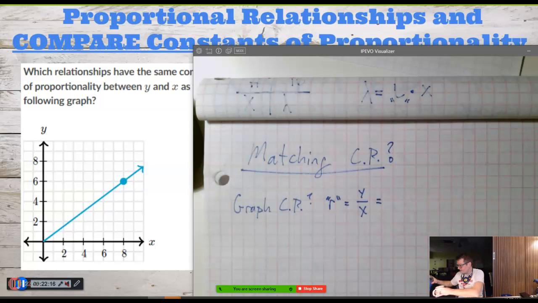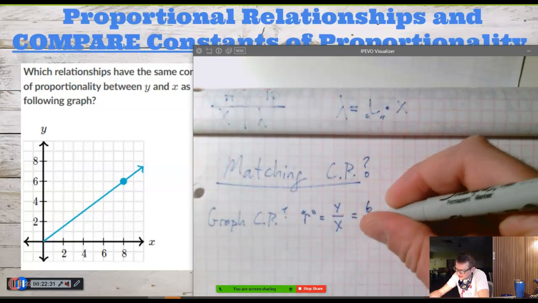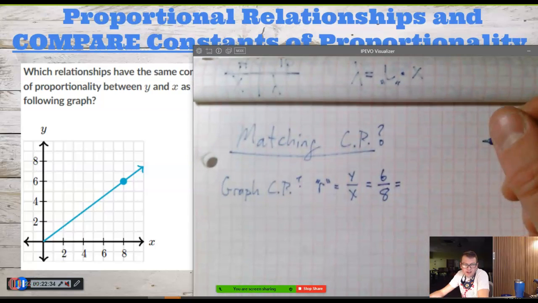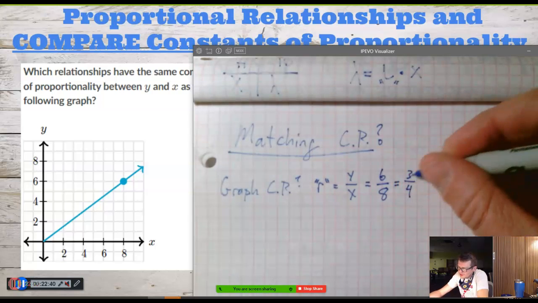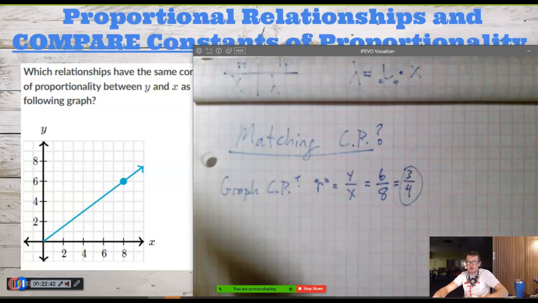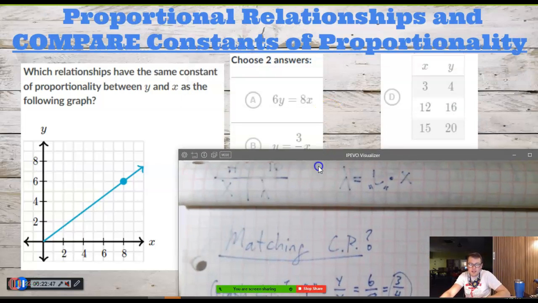What is that point? Yeah, that point would be 8, 6, but when we write it as y over x, you're absolutely right. It would be the y of 6 over the x of 8, which reduces down to what, guys? 3/4. So our constant of proportionality we're trying to match is 3/4. So that's the thing we want to match.